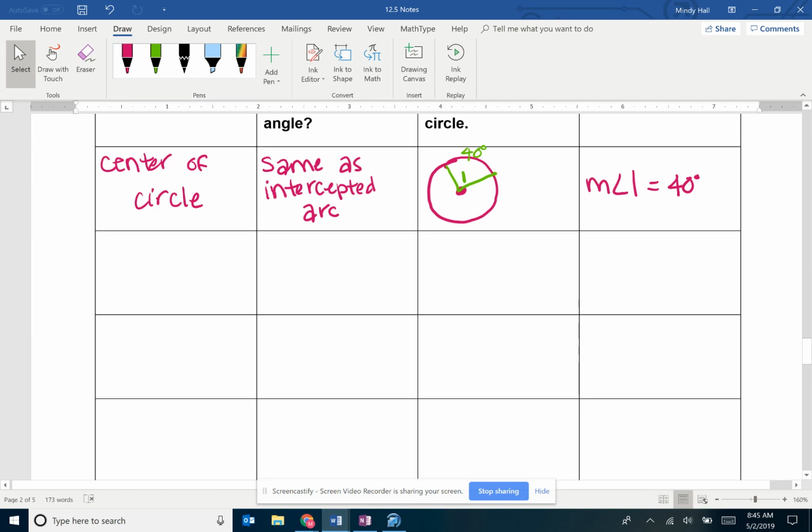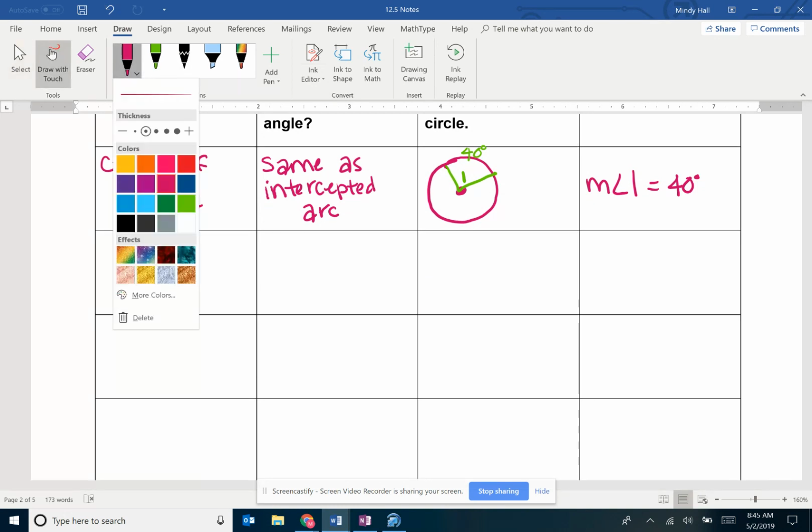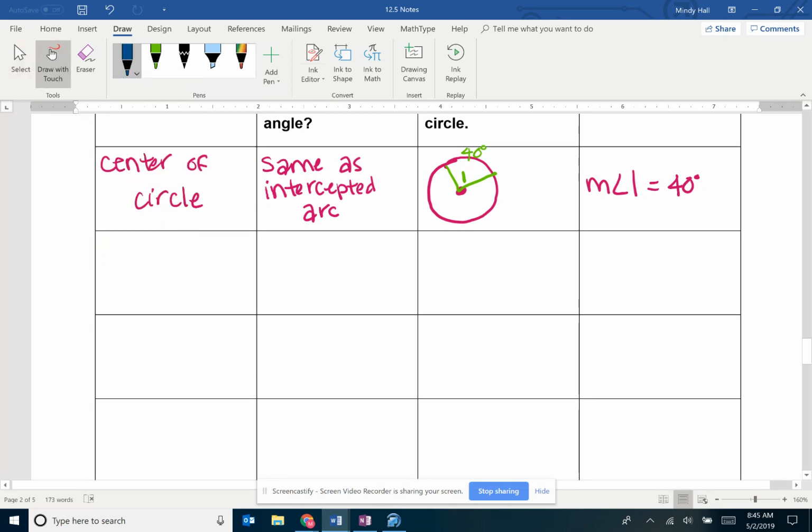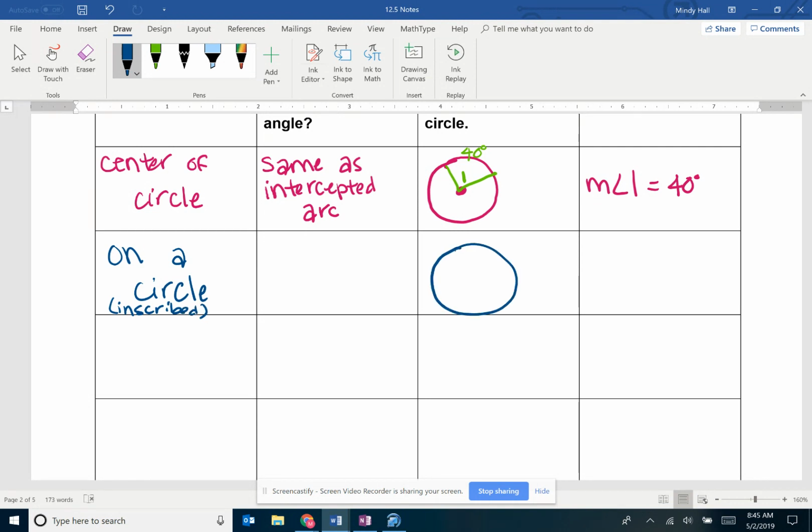So then if my vertex of my circle is, let's say, on the circle, and if you want to be specific, you can say it's inscribed. Then when you draw your picture, I'm going to use green for all my angles.